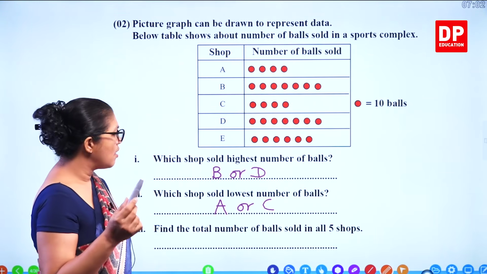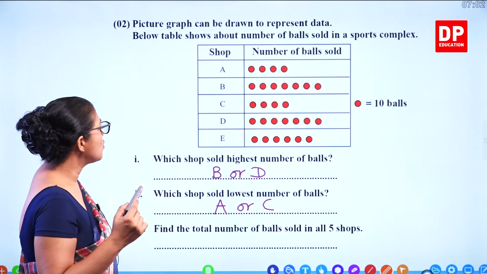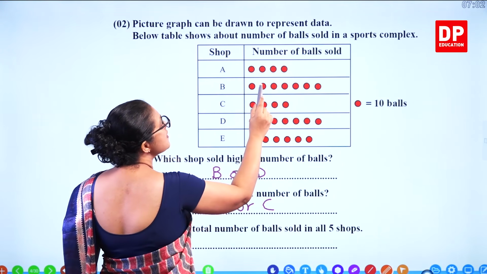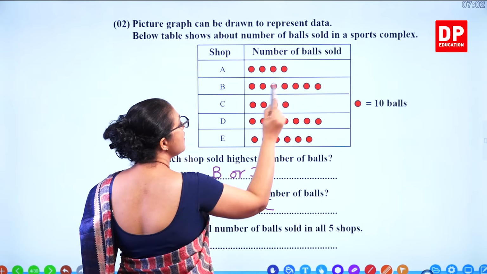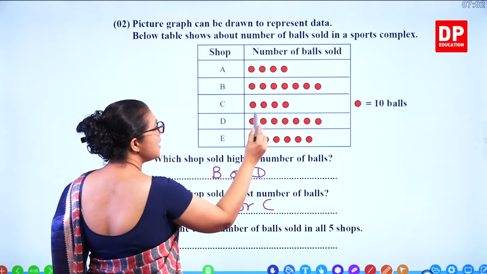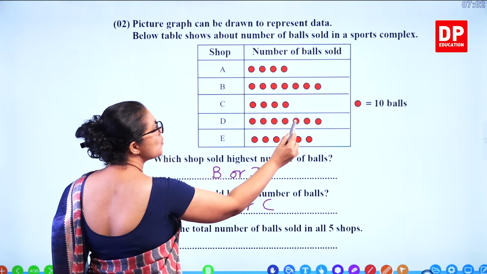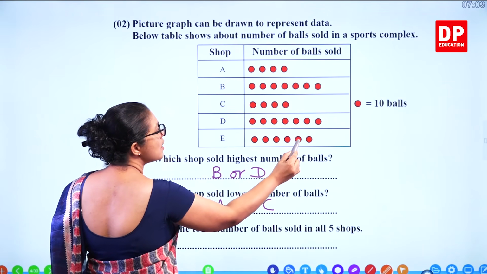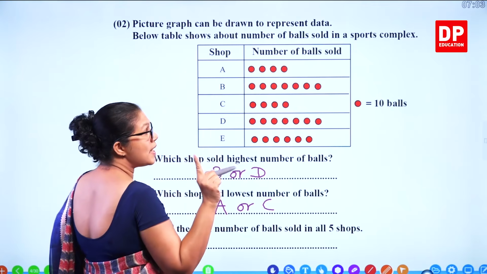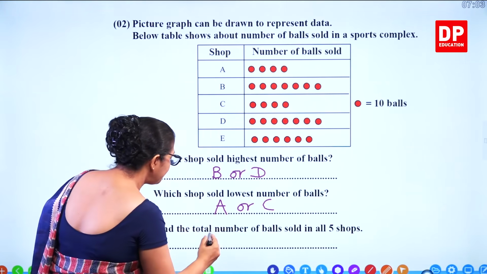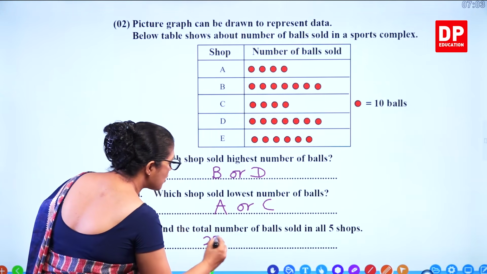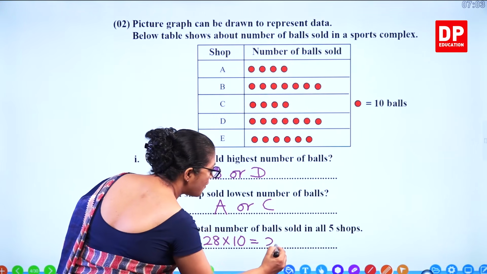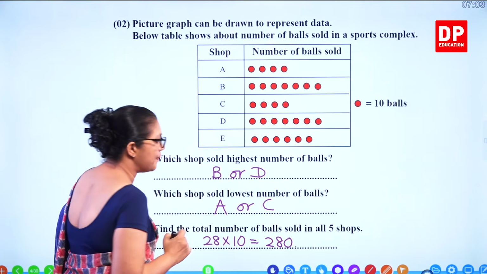So we have to count all and take the total. 1, 2, 3, up to 28. 28 times 10. 28 into 10, that's 280 balls altogether.